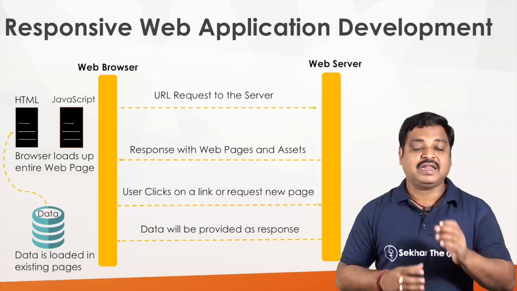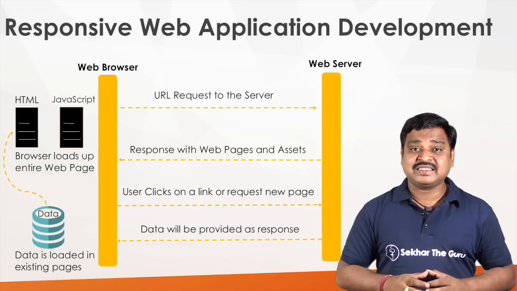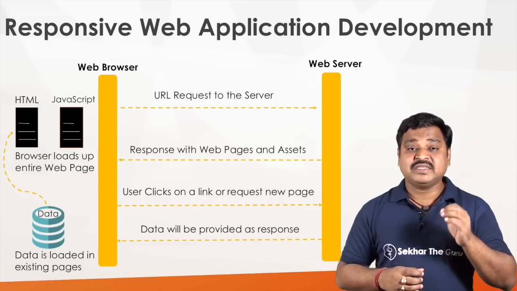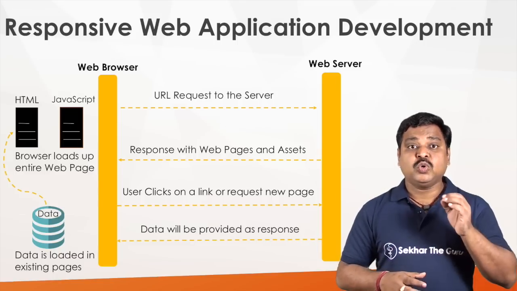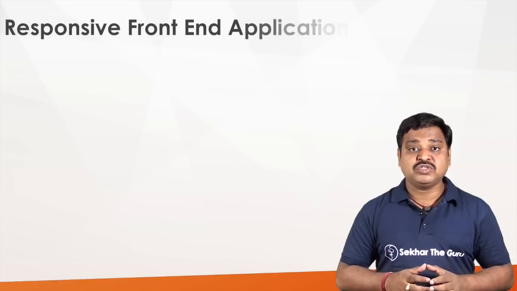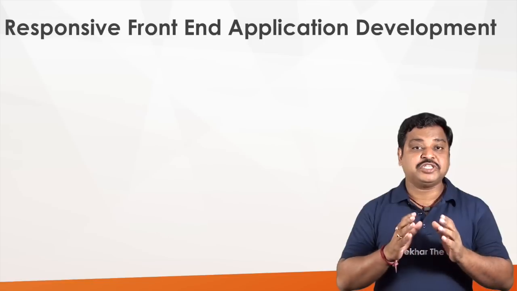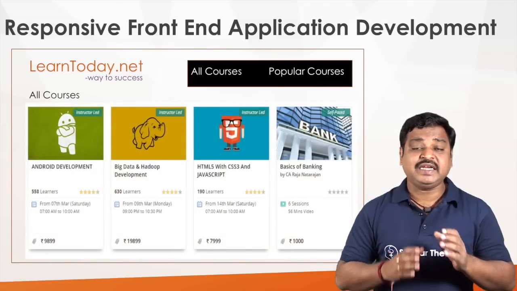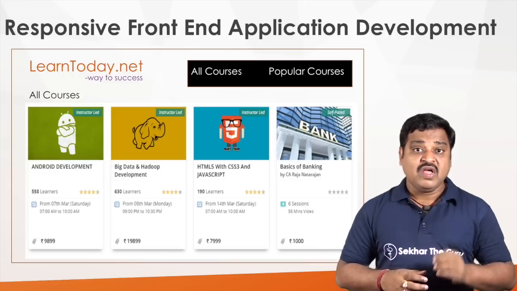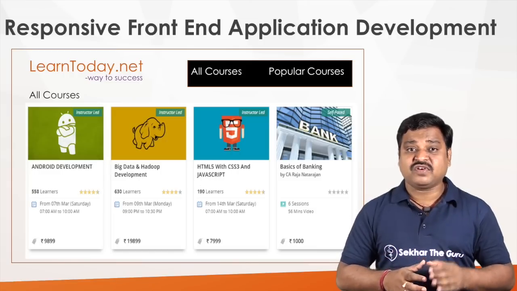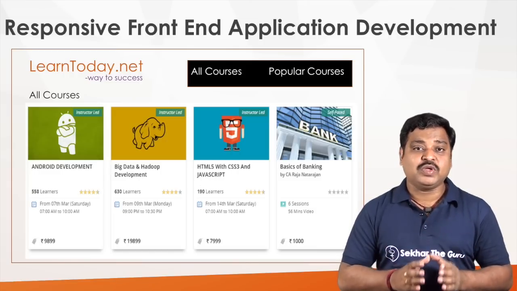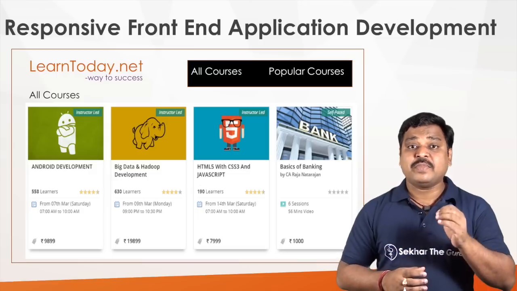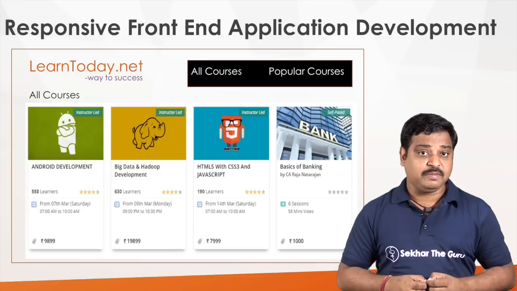Now let us understand practically with a simple demonstration of responsive front-end web application development. Let us say we have a website learntoday.net. Whenever the client sends a request for the first time, we need to get the entire courses present within the library.